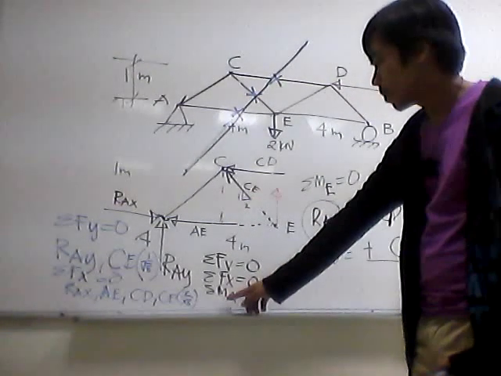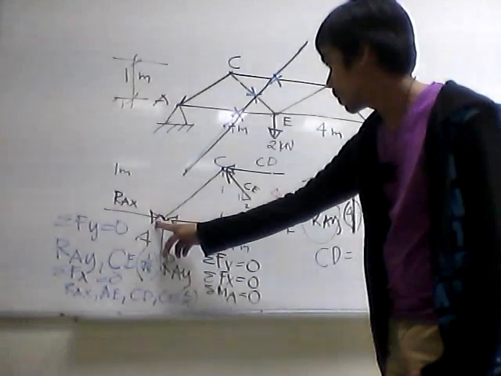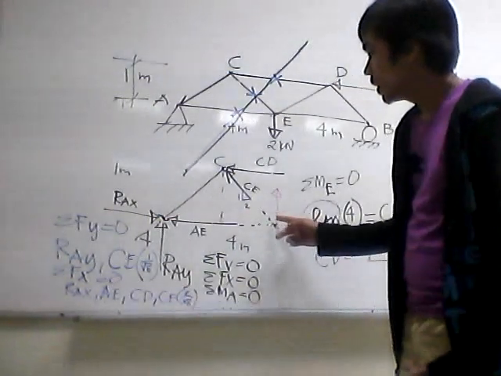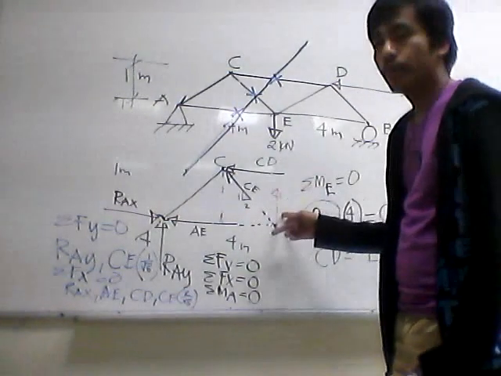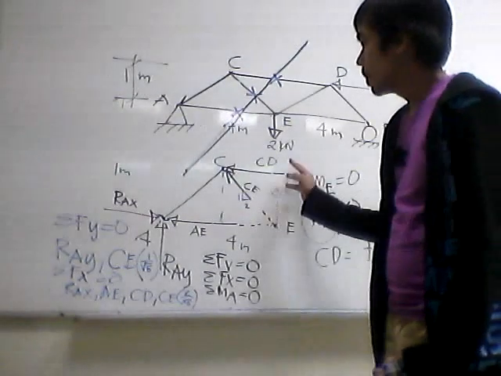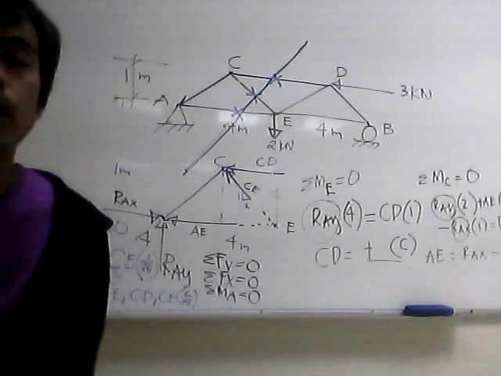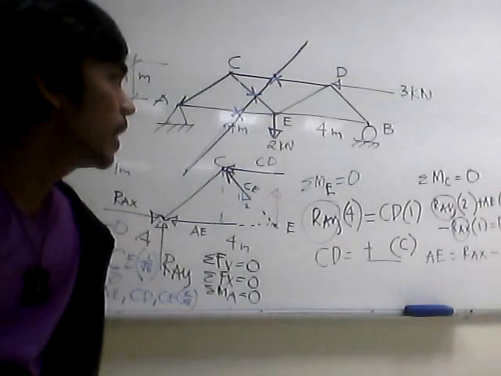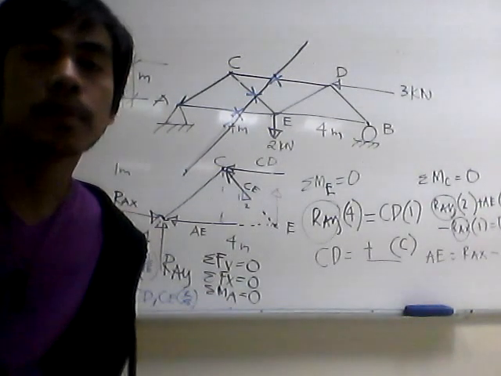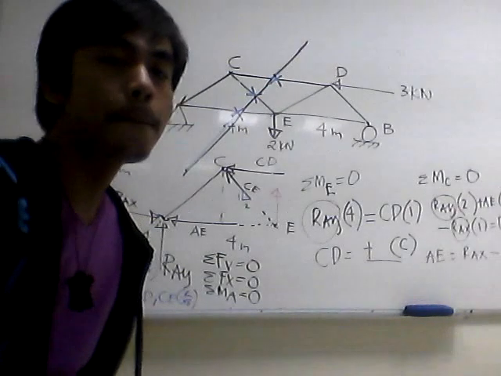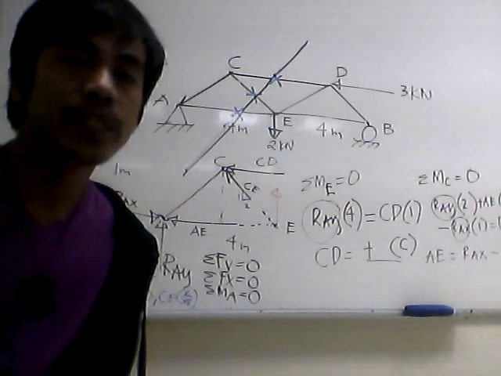And also, summation of moment at A equals 0, where you consider the vertical component of CE plus the other external forces. So that's how we analyze the plate trusses using the method of sections.